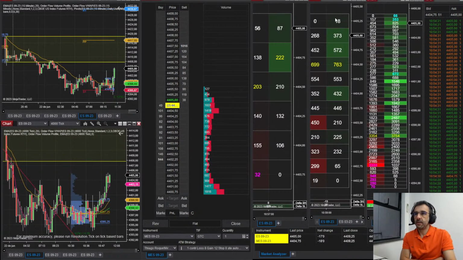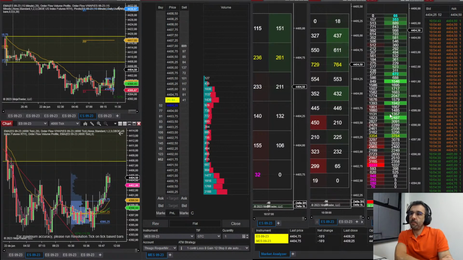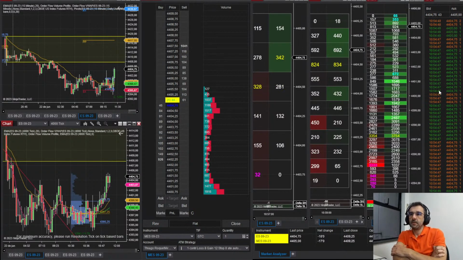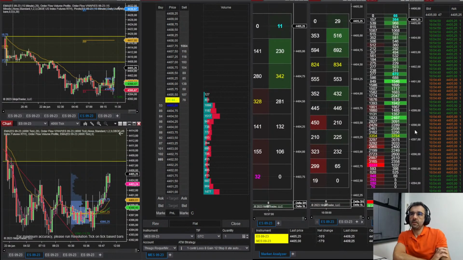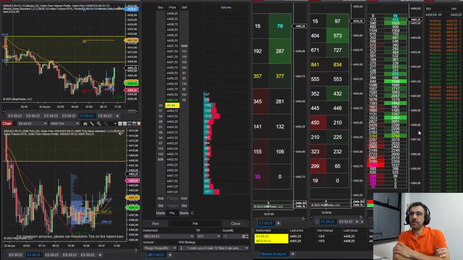Let's see here, the 18, what will happen. So far, if we're entering an uptrend, it's hard to consider, but we see 800, 600, 418.